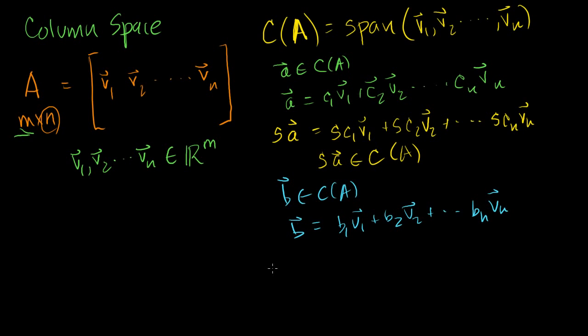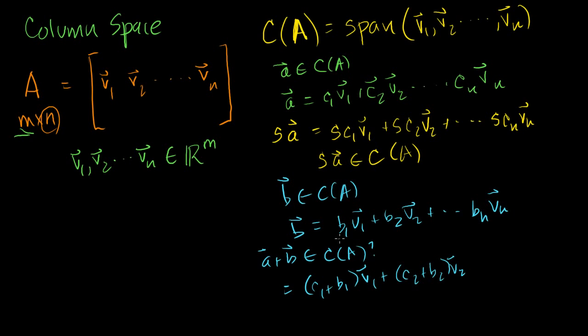And my question is, is a plus b a member of our span, of our column space, the span of these vectors? Well, sure. What's a plus b? a plus b is equal to c1 plus b1 times v1 plus c2 plus b2 times v2.